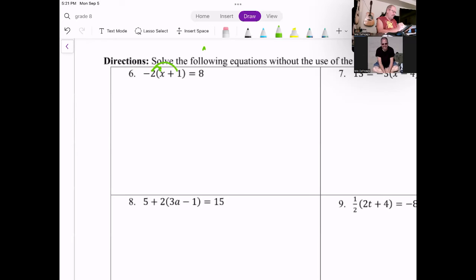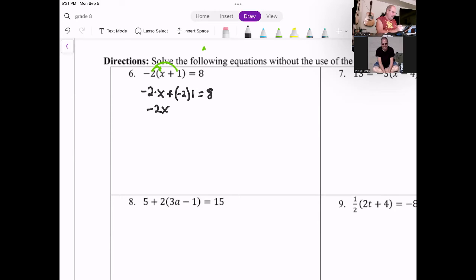So -2 times x plus -2 times 1. Now this is a step that I wouldn't have written, except that I'm showing it for the first time. I would have just done the multiplication. So -2 times x is -2x plus -2 times 1 is -2.